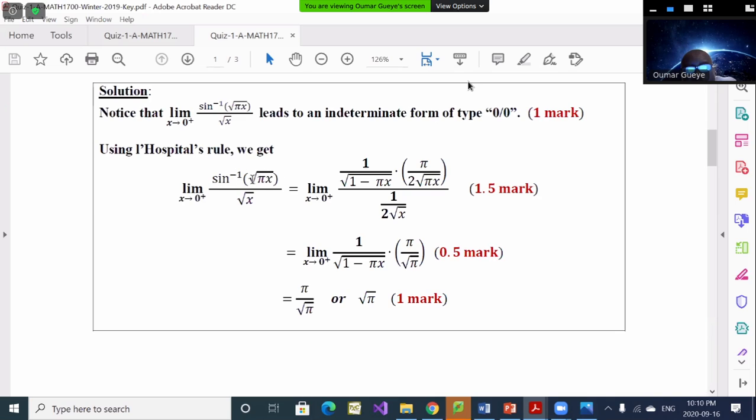So when you differentiate this, if you remember, the derivative of sine inverse of x is 1 over the square root of 1 minus x squared. So here you don't have the square because it was a square root. If you square the square root, it becomes only pi x. And now you have to differentiate this part here to get pi over 2 root pi x.